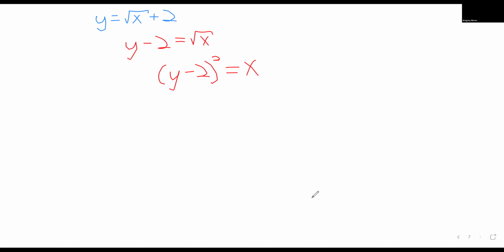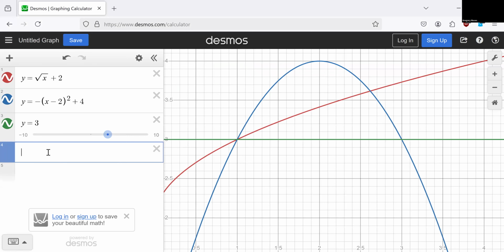Now, go back to Desmos. x equals y minus 2 squared. You see this curve here.